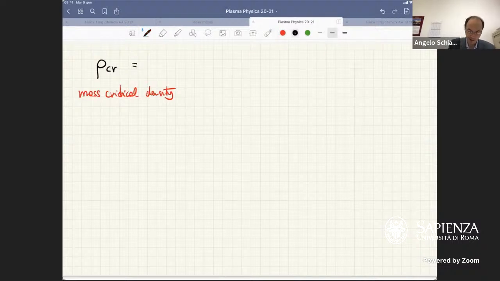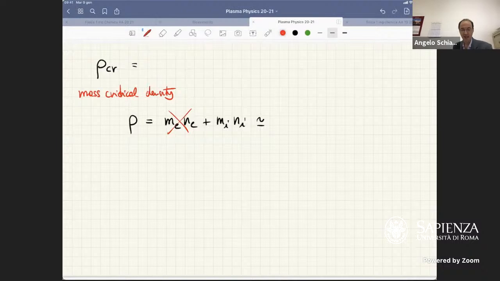We see that what is rho for a plasma is the mass of the electron times the electron density plus the mass of the ion times the ion number density, where we can neglect the electrons for the bulk contribution to the mass, and just focus our attention on the mass content of the ions.